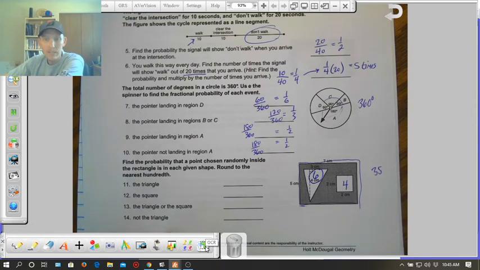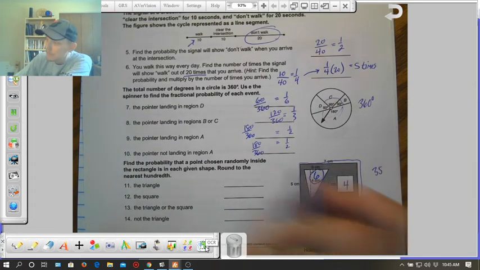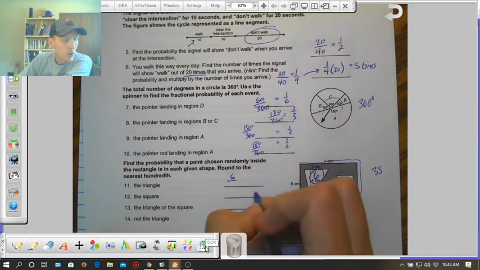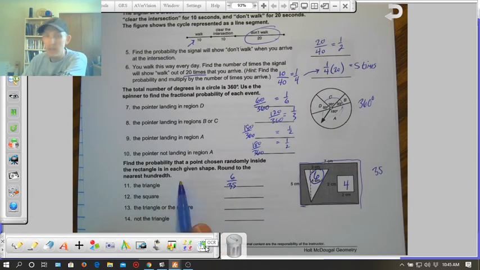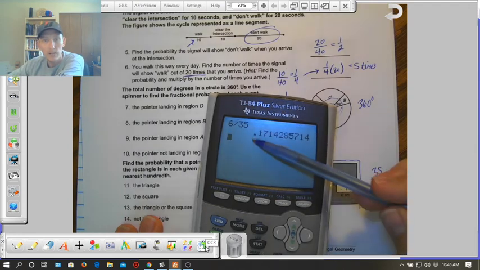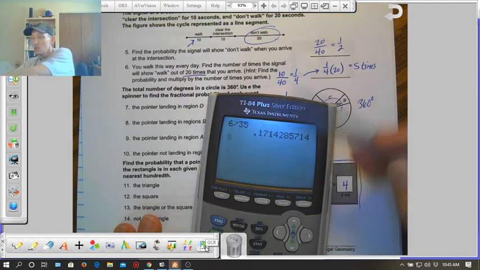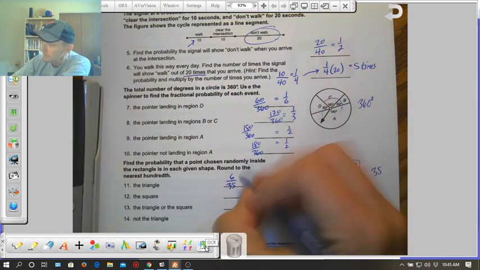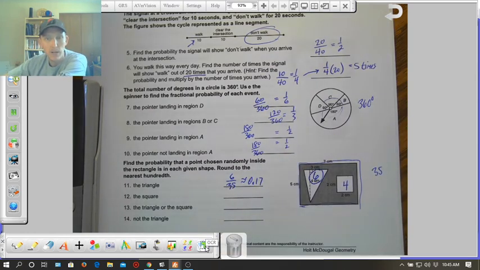So the probability that this lands in the triangle is 6 over the total possible, which is 35. It says round that to the nearest hundredth, so I put 6 over 35 in the calculator, and to 2 decimal places, I have 0.17 for the probability that it lands in the triangle.